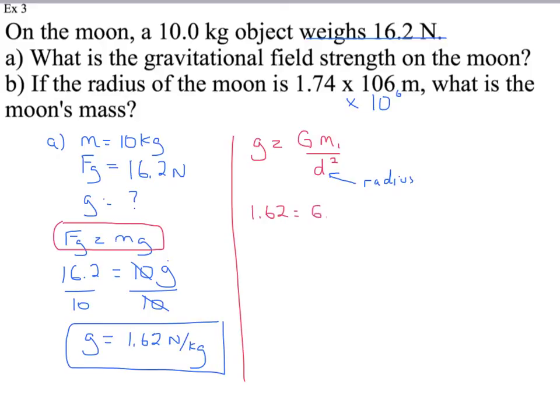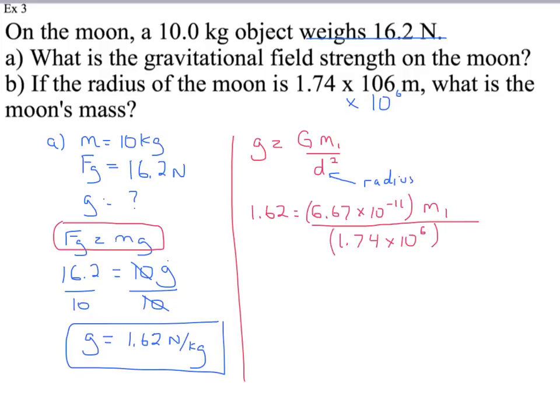Big G, 6.67 times 10 to the minus 11. We know that to be true. Let's see, what is the moon's mass? That's what we're looking for, right? Not radius, but mass. So there's m1. The radius of the moon was given, that's 1.74 times 10 to the power of 6.